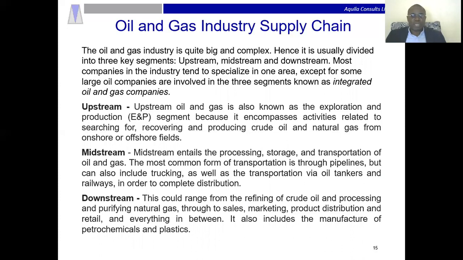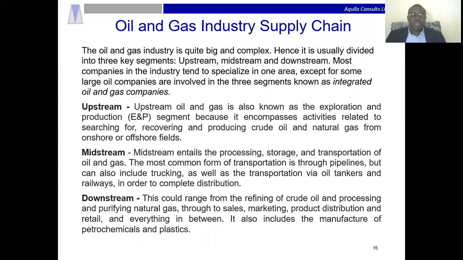Midstream entails the processing, storage, and transportation of oil and gas, and the main means of transporting oil and gas is actually pipeline, but sometimes you also use trucking or oil tankers and railways to distribute these resources.